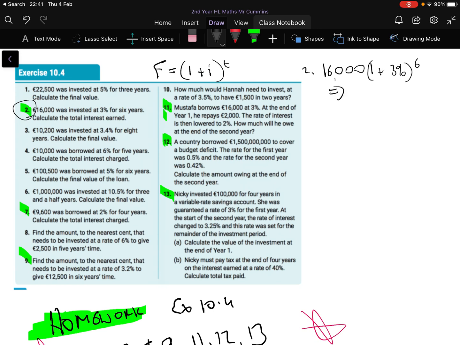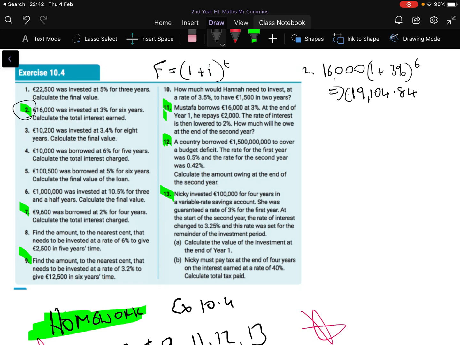Straight into a calculator, and that gives you 19,104 euros and 84 cents.